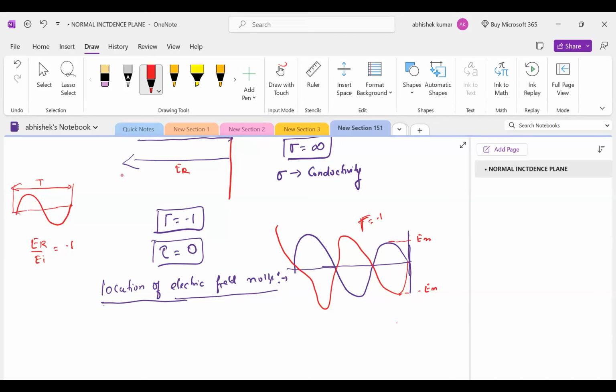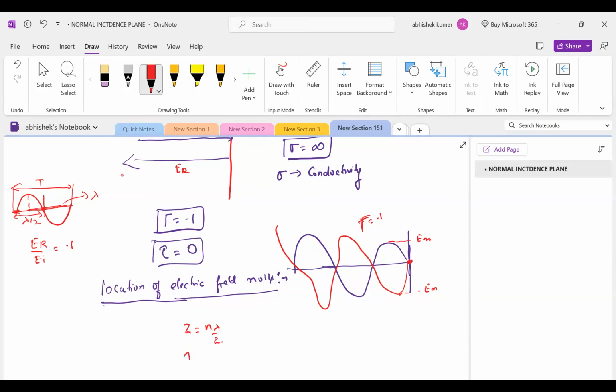So can you tell me after which point the nulls are being repeated? Can I say that after every lambda by 2 we are getting nulls in a wave? Here, nulls occur starting at 0, right? So the location of electric field nulls is n lambda by 2.